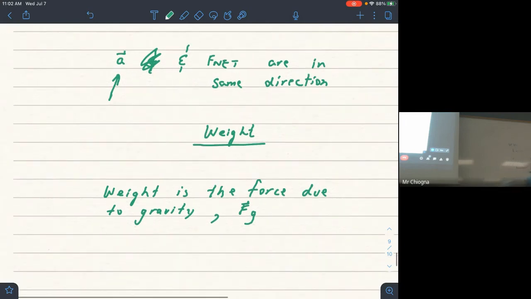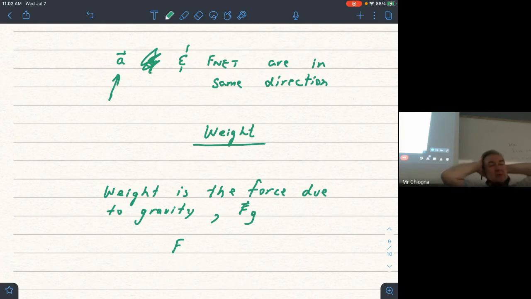And you know from last year that how heavy something is in physics depends not only on the mass, but where you are. It depends on the pull of gravity. On the surface of the Earth, gravity acts at 9.81.